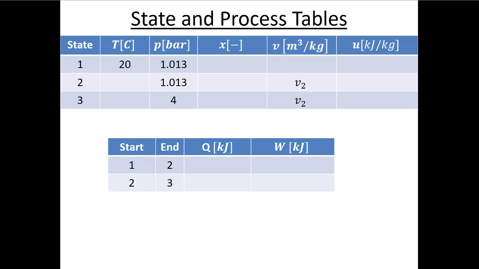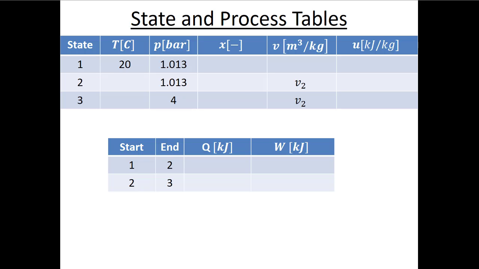My advice is always going to be, do the problem symbolically first, right? We have these equations, so keep everything as variables and go through until you get equations that tell you what properties you need. Maybe you don't need all the properties on your state table, depending on how you construct it.